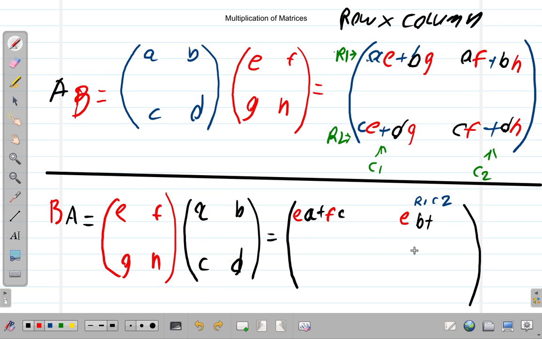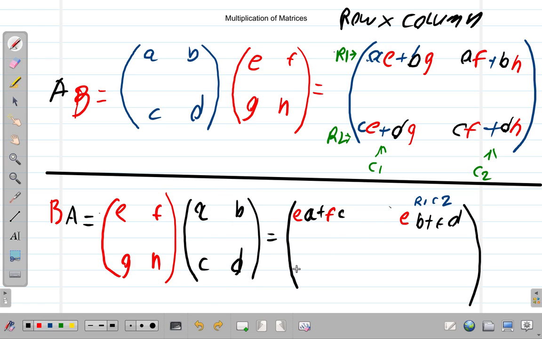So it's E, B plus F, D. Alright? So remember here, it was row 1 by column 1. First elements multiplied plus second elements multiplied. Because this is row 1, this is column 1. Alright? Then this one is row 1 by column 2. Right? This is row 1 and this is column 2. So you multiply first element by first element plus second element by second element.